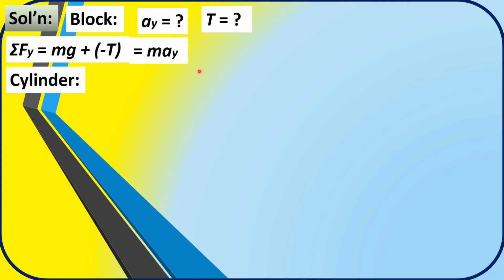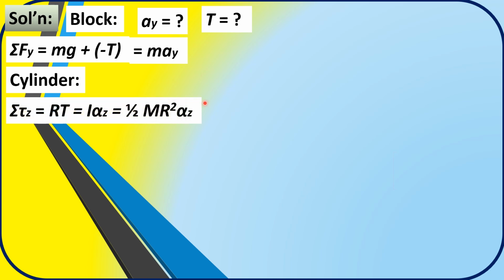Likewise, for the cylinder, we will consider the net torque acting on the cylinder. Earlier in the vector diagram, there are three forces acting on the cylinder, but only one of these forces actually produces a torque, and that is the torque due to the tension of the cable.